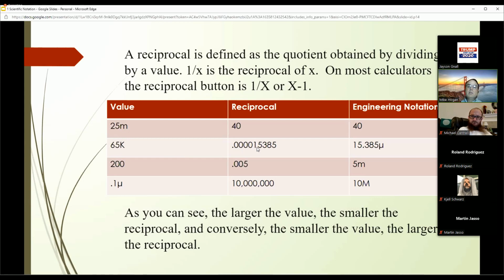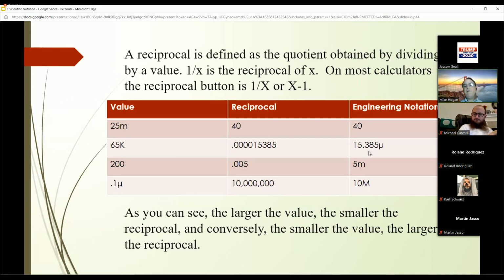However, since we're dealing with engineering notation and working off of those prefixes that are multiples of 3, instead of moving it 5 places, I'm going to move it a 6th place so that now I can use the prefix micro. It's going to give me 15.385 instead of 1.5, but it's micro.